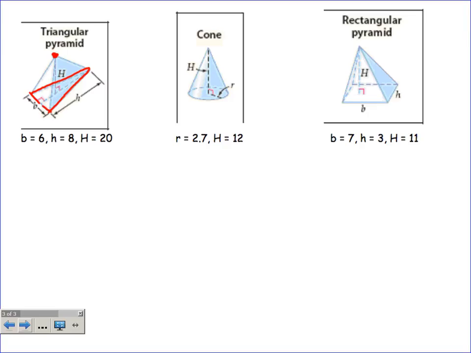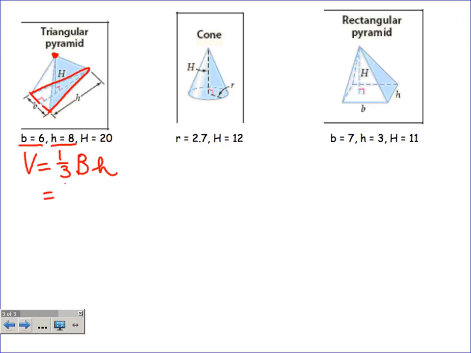Okay? So because it's a triangle, we're going to use this base and height to figure out the area of the triangle. And capital H is going to be the height of the pyramid. So let's create this one. We have volume equals what? 1/3 the area of the base times the height.